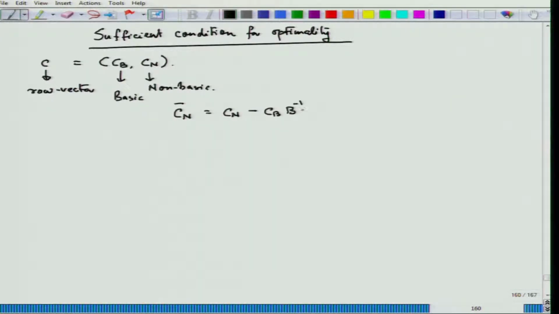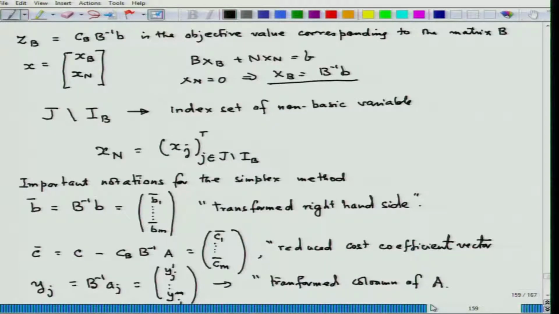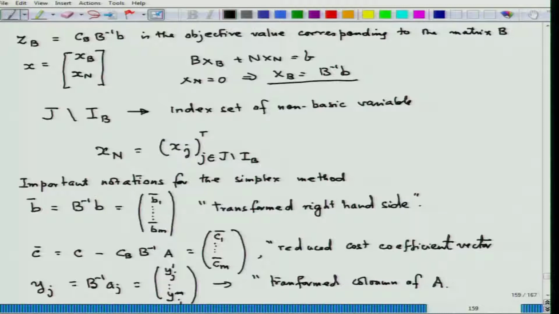It was CB B inverse A, but here I do not want the whole of A, I want only the n part of A, right. Because I can write A as B and n, I can get the whole thing divided into two parts. So, one will be C minus this and another will be C minus that.